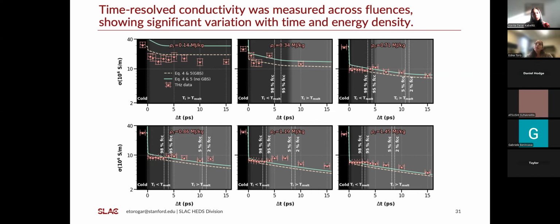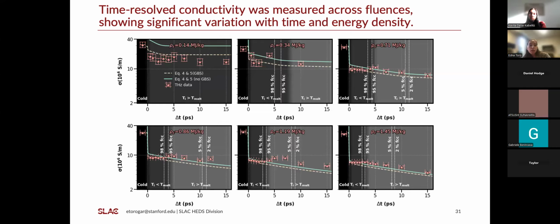Now, I hope that you can observe here that for a system where we are not expecting to melt, so before the 98% FCC is reached, you will be clearly following the prediction that includes the grain boundary scattering. However, as soon as the system approaches melting and starts melting, even with a really small percentage, you change and then you start behaving as you would have predicted for bulk copper.